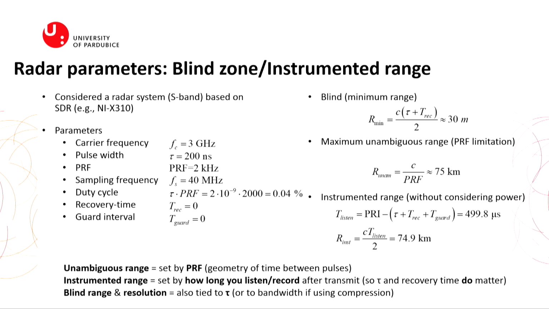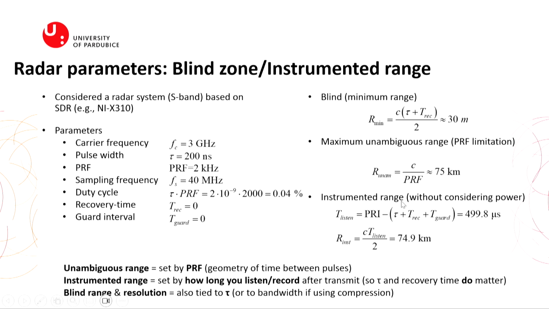You remember, this is just theoretical. So it is clear that I can measure only between 30 meters up to relatively 75 kilometers. Far, it is too far, and close, it is too close.